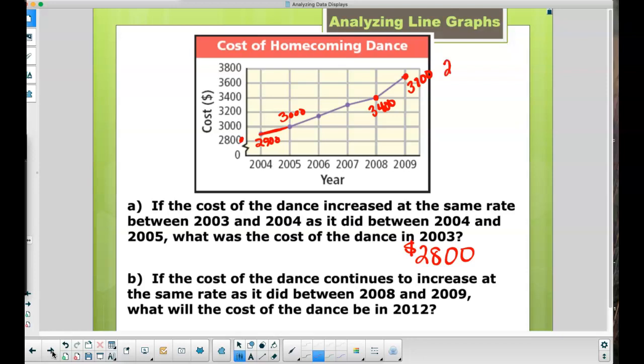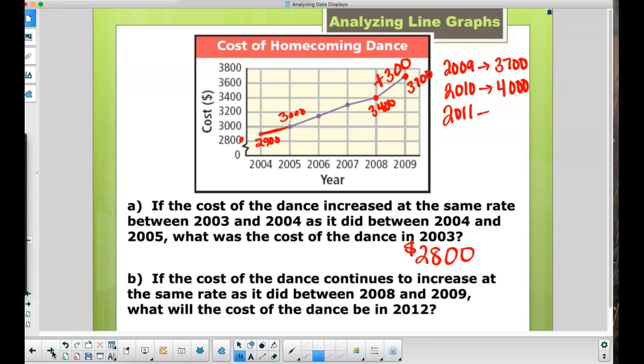So in 2009, it was $3,700. It's going to continue to increase at the same rate. So what's it going to be in 2010? It went up $300. What's it going to be in 2010? If it's going to go up another $300. Caleb? About 4,000. Does that answer our problem yet? No, we want 2012, so we need to keep going.